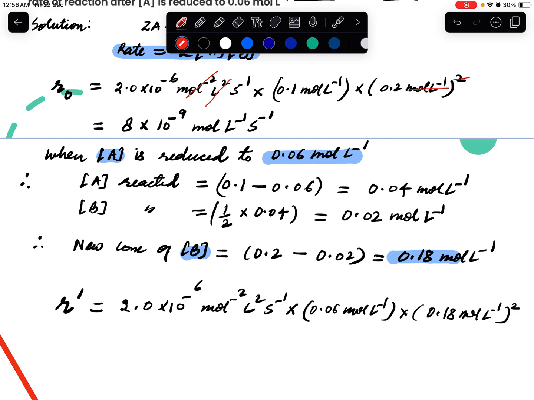Again these units will cancel out because of the square outside, and on multiplication we get the value as 3.89 into 10 raised to the power minus 9 moles per liter per second, because we are left with per second and moles per liter. So this is all for problem number 2.